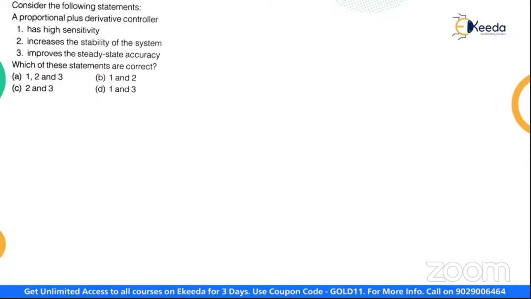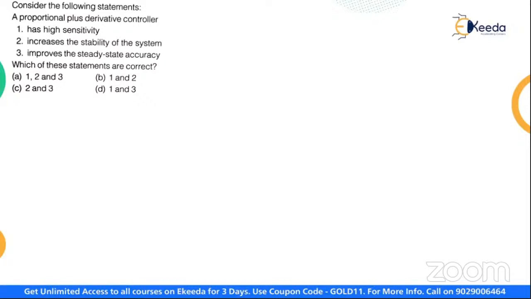Choose the following statements. Now we are entering into compensators and controllers. Yes, controllers and compensators we are moving into.